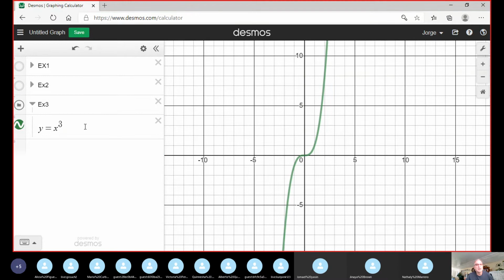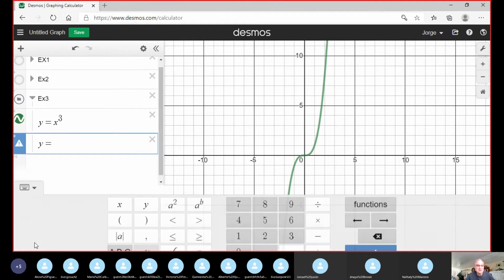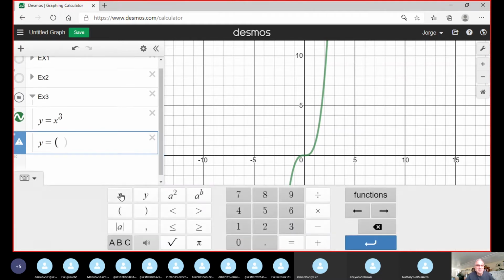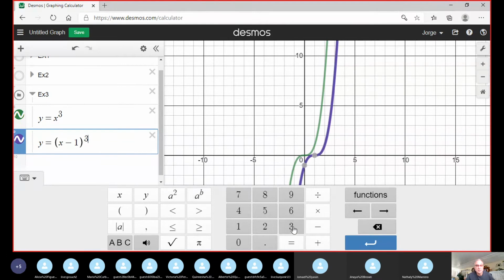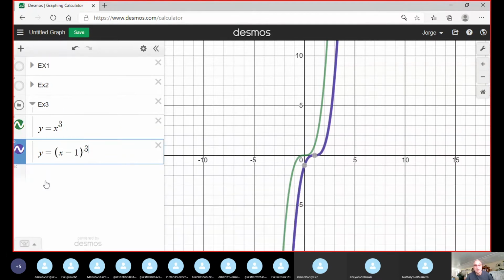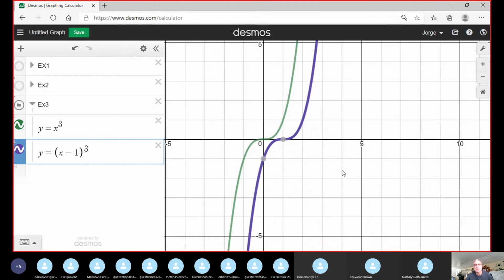Looks like that. And my example is now y equals, open the parenthesis, x minus 1, close the parenthesis, power 3, boom. Look at that. It's a horizontal shift 1 unit to the right.